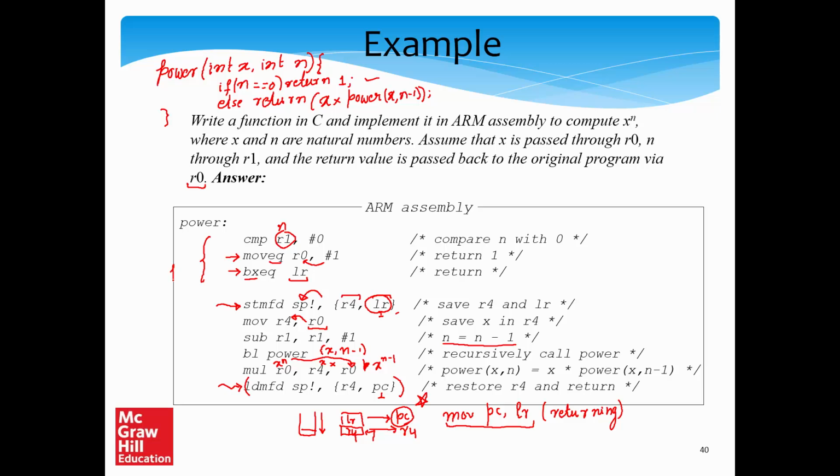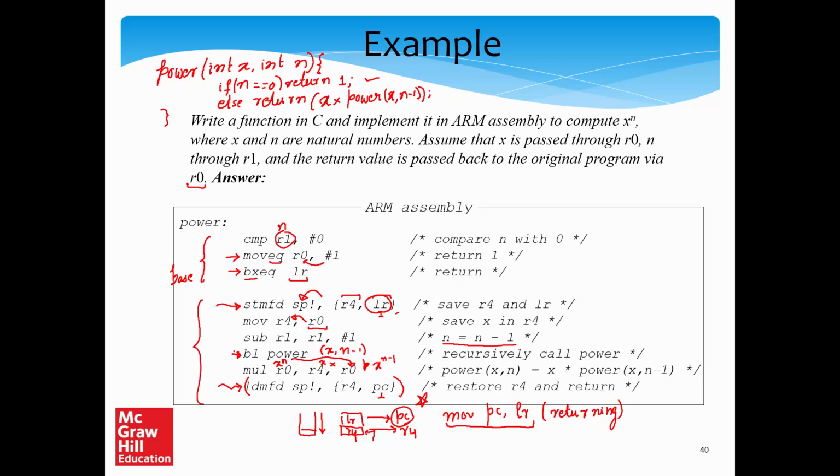To take care of the recursive case, we decided that we have to call other versions of the power function. So to call other versions of the power function, we have to save and restore some registers, because particularly register R0 is containing an argument and is also supposed to contain the return value. So we again have two options, caller saved and callee saved.